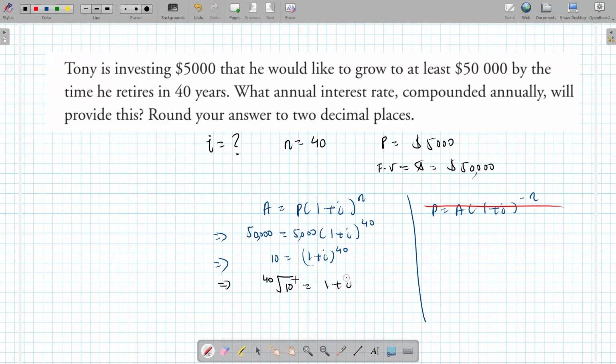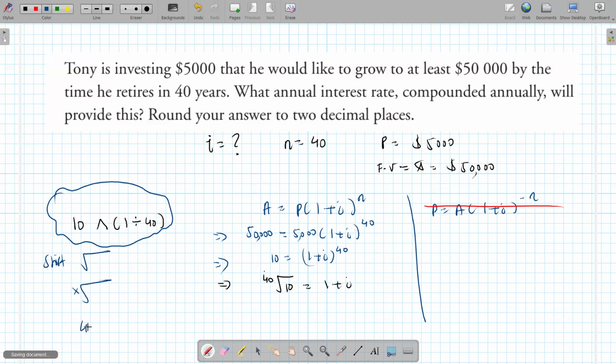On a calculator, the way you do this is you do 10 to the power of 1 divided by 40. That's one way of doing it. Another way is you use shift plus second function on the square root, which will give you the x root function, and you press 40 root of 10. That's another way of doing this. I like the first way, because not all calculators have the x root.